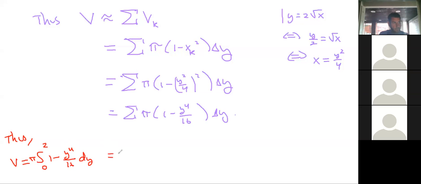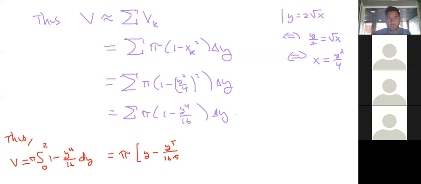And what is this integral? Well, this is pi, and then of course you get y, and then minus y to the 5th over whatever. What's 16 times 5? Well, we'll just write it like that. Okay, so what's 16 times 5? If you don't know, you go to a calculator or do it in your head.